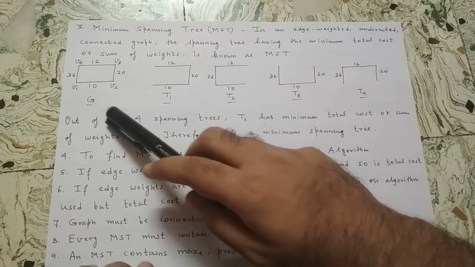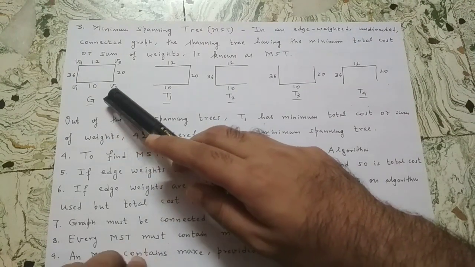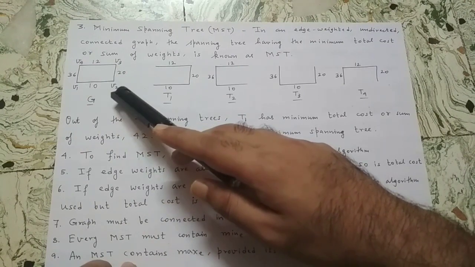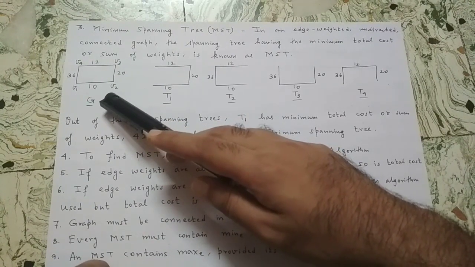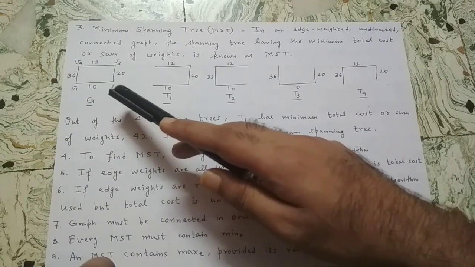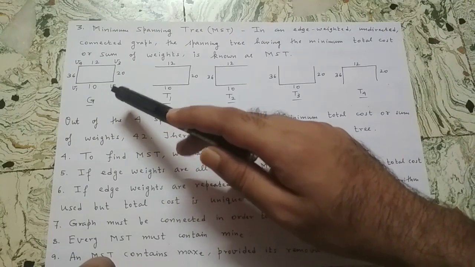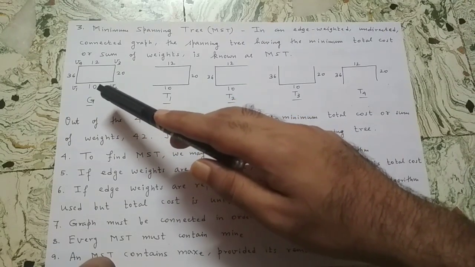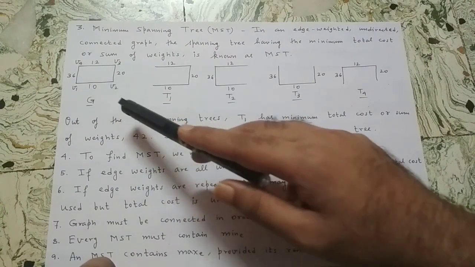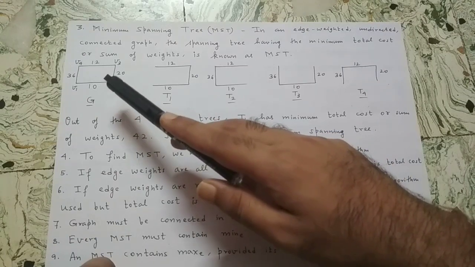So here, graph G is a graph which has 4 vertices and 4 edges. Now all the edges have been numbered. Each number represents the weight of the edge. Since all the vertices are connected with each other, we can say that this is a connected graph.